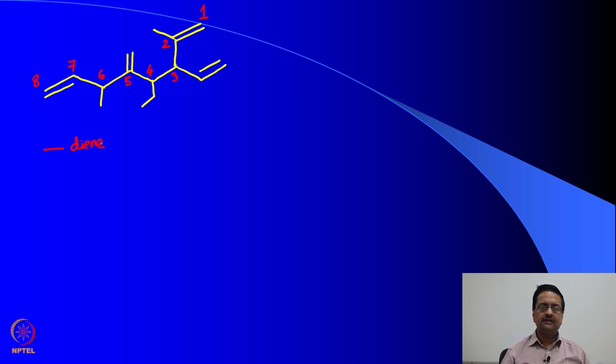Then we need to find out what the various substitutions present are. What we see here is that we have methyl groups at 2 and 6 positions.